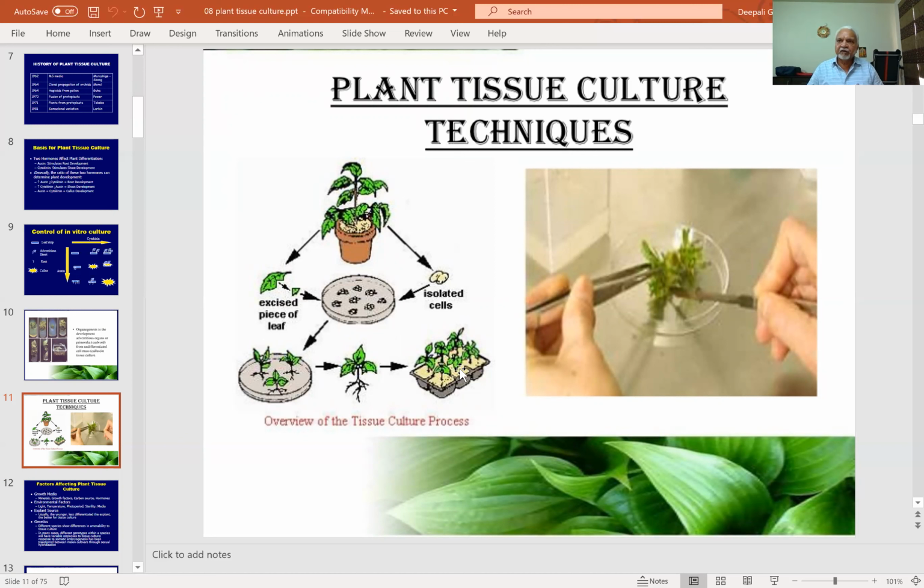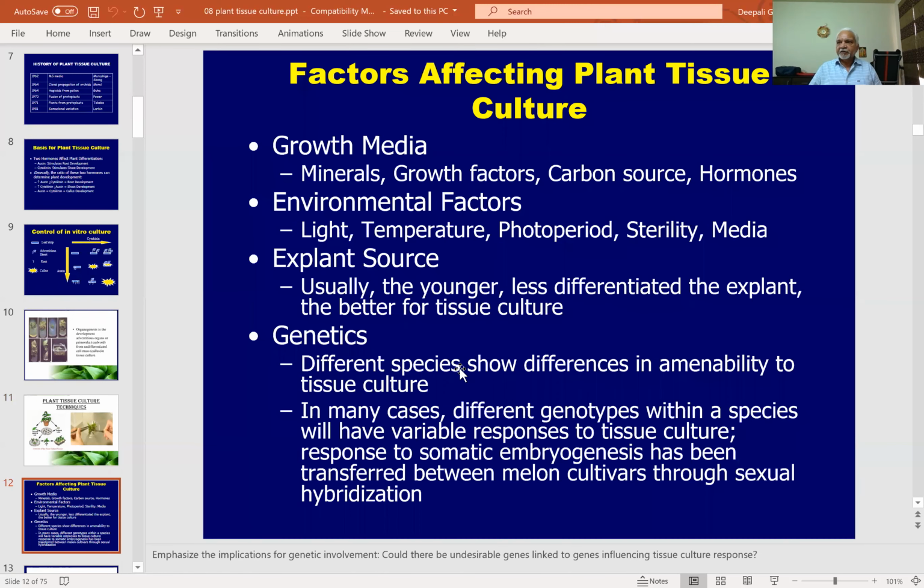And very briefly, I will go through this technique and the salient features of this technique, that how it is achieved. So in this, if you see, there are four different factors. One is the growth media, another is environmental factors, and then the explant.